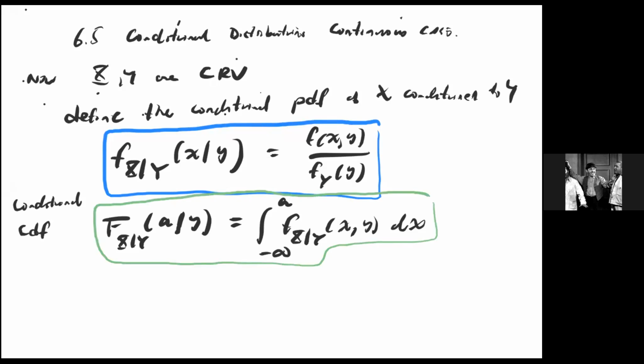And let me point out also that f of X conditioned to Y is a PDF. What do I mean by that?